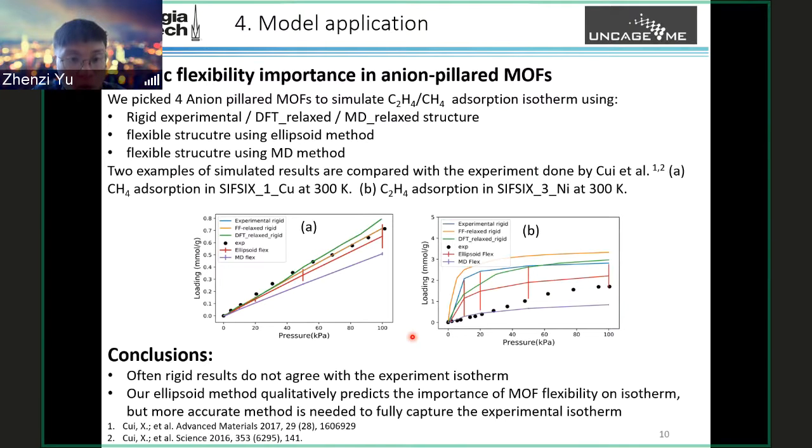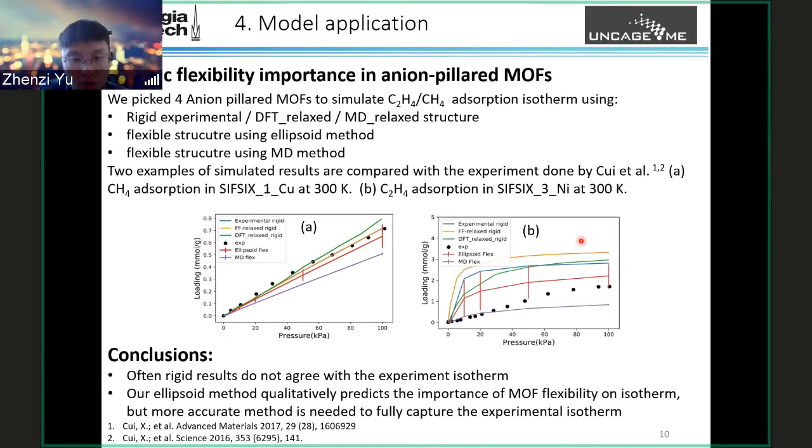Here are 2 examples of simulated results, which are compared with experiments done by Cui and his co-workers. For the figure on the left, we can see 3 rigid structure isotherm predictions and 2 flexible structure isotherm predictions all have a reasonable agreement with the experimental observation. So in this case, the intrinsic flexibility does not influence our absorption properties.